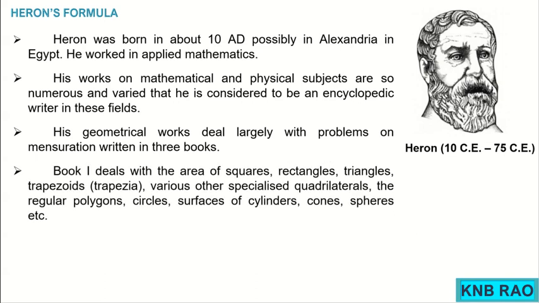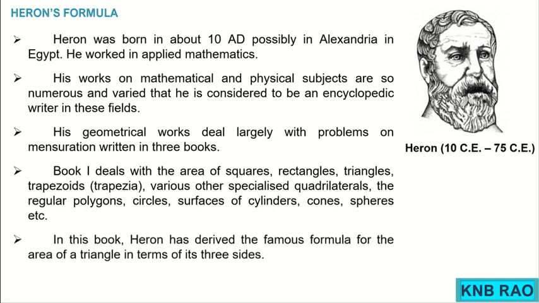His book number 1 deals with the area of squares, rectangles, triangles, trapezoids and various other specialized quadrilaterals, the regular polygons, circles, surfaces of cylinders, cones, sphere, etc. In this book, he has derived the famous formula for the area of a triangle in terms of its 3 sides.